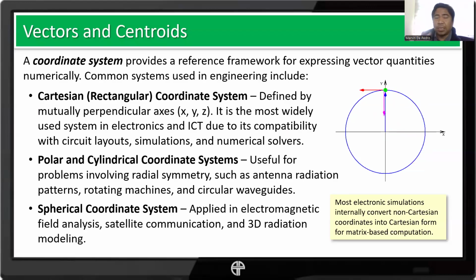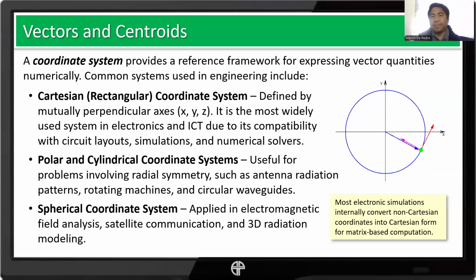Basically, when you study these other coordinate systems, one of the most important concepts that you must learn is how to convert them into Cartesian equivalents, so that we can then convert them into matrix form.